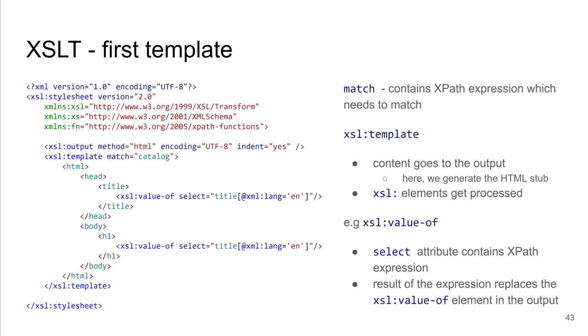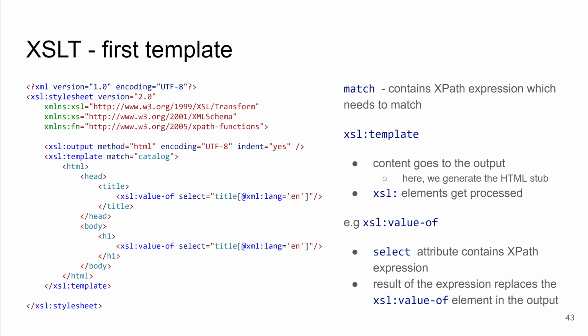Now, the main template attribute is the match attribute, which contains an XPath expression, which specifies which XML elements from the input document this template should match. So in our case, this template will match the catalog element. And the content of this particular template contains the HTML document stub.